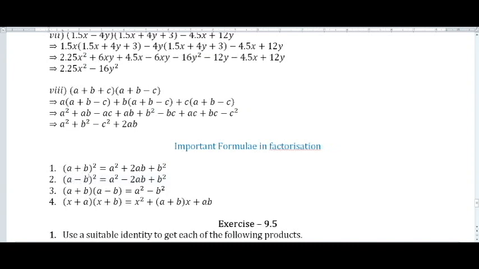These are the basic factorization formulas of mathematics.